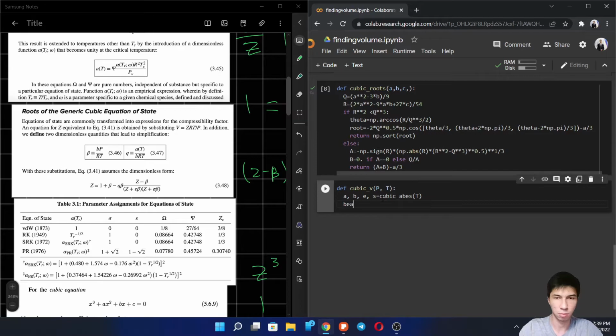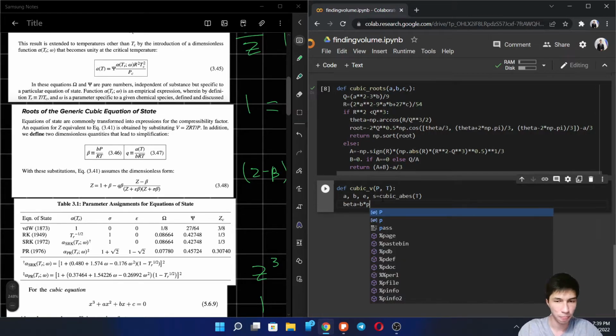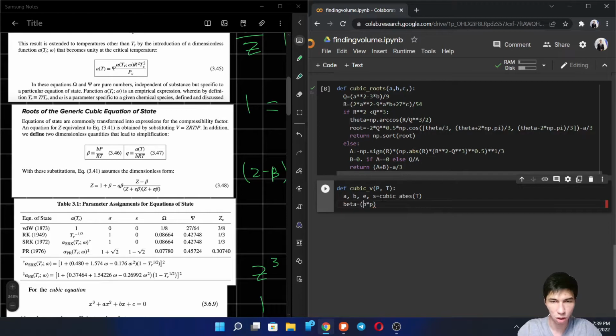So beta is going to be equal to B times pressure over R times T, with R the big R constant.